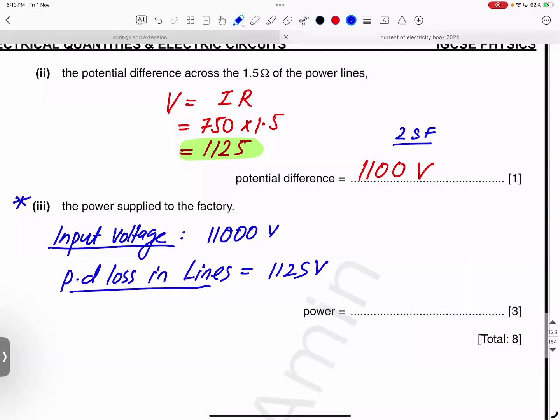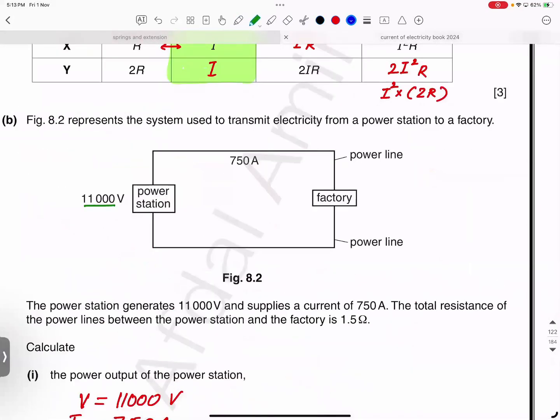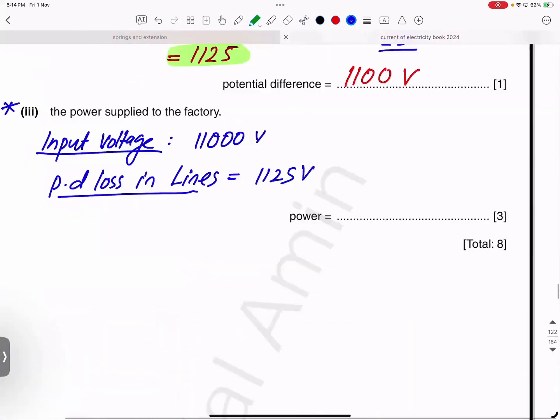This voltage which you calculated was lost in the lines. Here was the total voltage 11,000. For these lines, 1125 volts is lost. So here is the remaining voltage in the factory. So the factory voltage will be 11000 minus 1125.